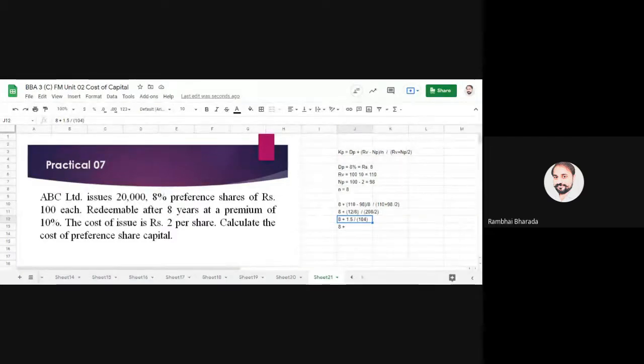If division comes first, we do the division, then the multiplication, then addition, and then deduction. So here we are not supposed to add 1.5 to 8. First we need to do the division. 1.5 upon 104. Whatever answer you get, that is what you need to add to 8.